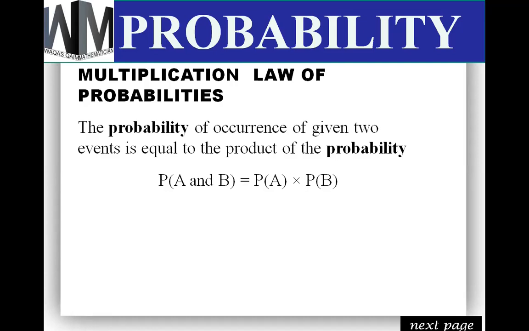So whenever we see it written as the probability of first event and second event, whenever we see the word and, we always apply the multiplication of probabilities. And whenever we see the word or, meaning A or B, then we use the addition. For the addition of probabilities, A and B must be mutually exclusive.